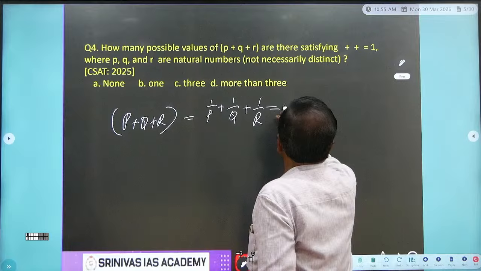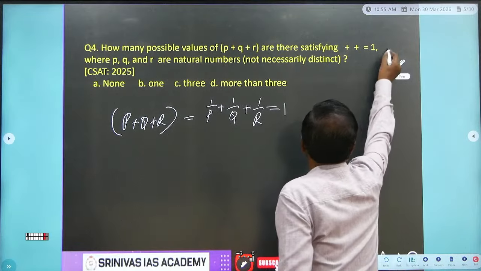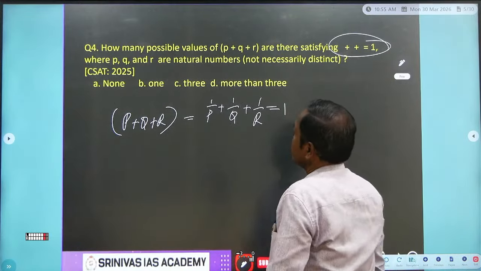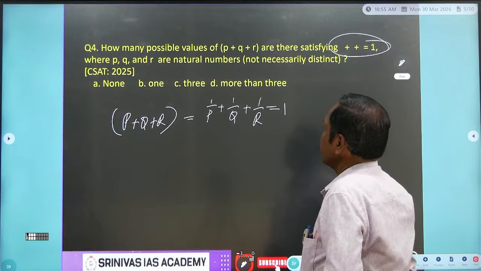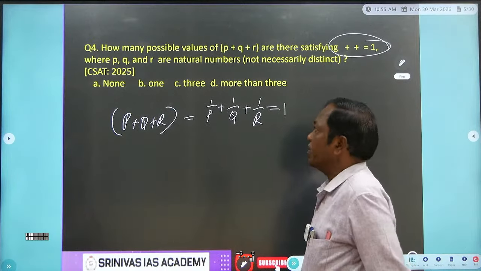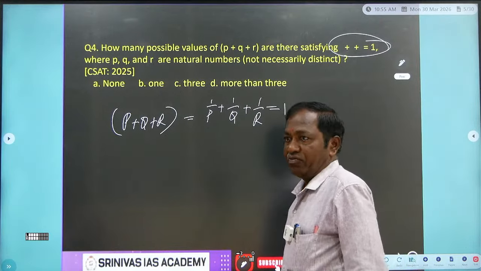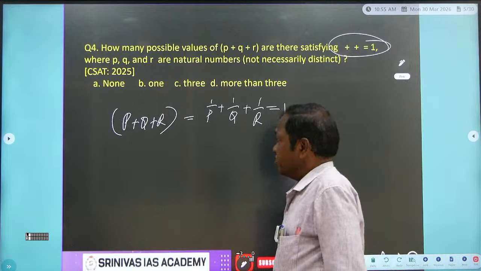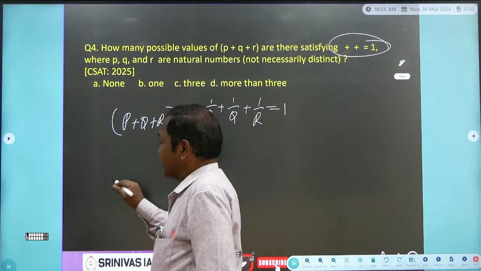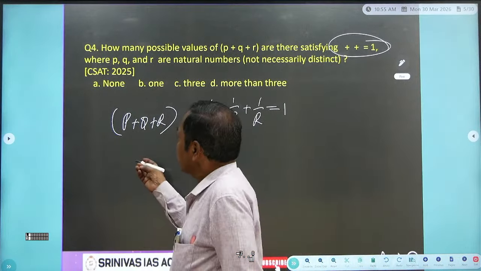That is the question. See, you have to correct the question here. The question is that 1 by P plus 1 by Q plus 1 by R is equal to 1. But how many possible values?